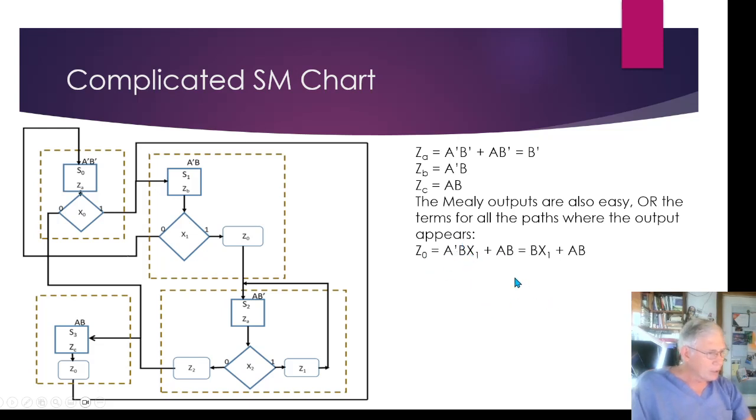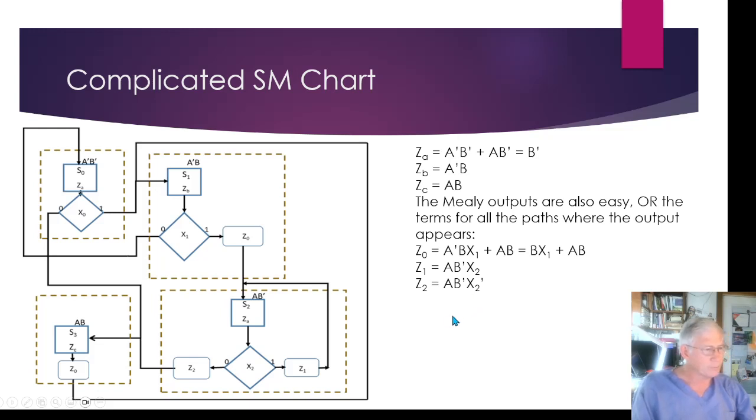Okay, and then now we have Z1. Z1 appears here, and that's it, so it doesn't appear twice. We just have to account for S2 where X2 equals 1. So that would be A B prime X2.